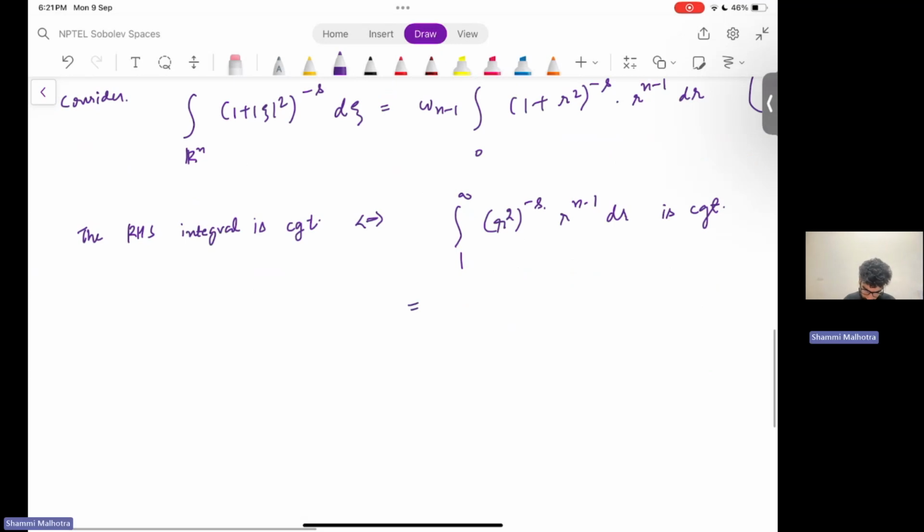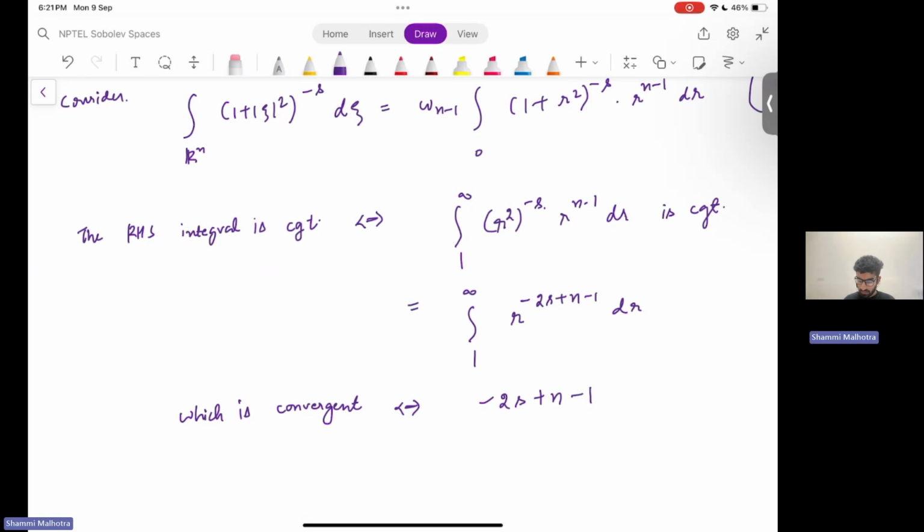So this is equal to the integral from 1 to infinity of r^(-2s+n-1) dr, which is convergent if and only if -2s + n - 1 is less than -1.